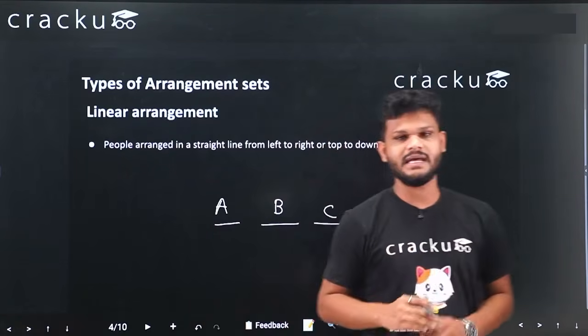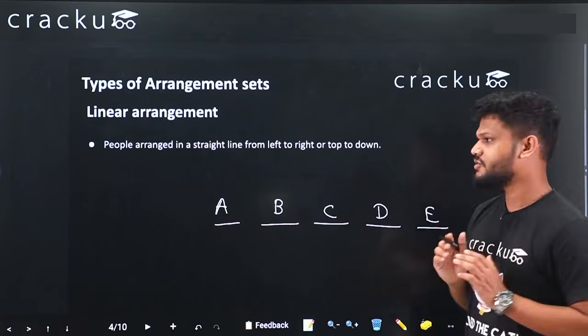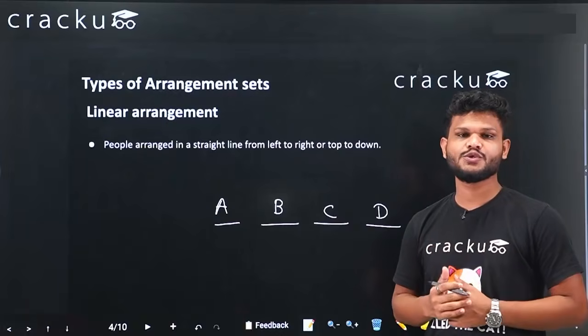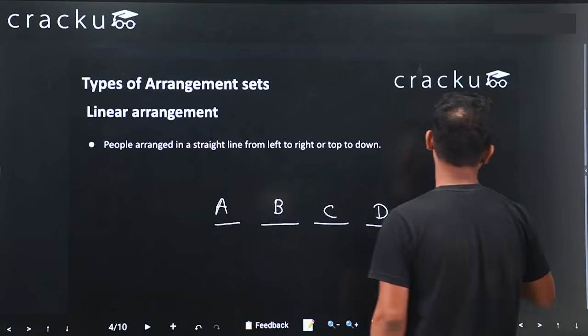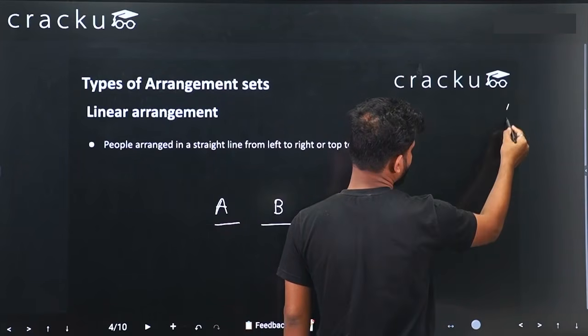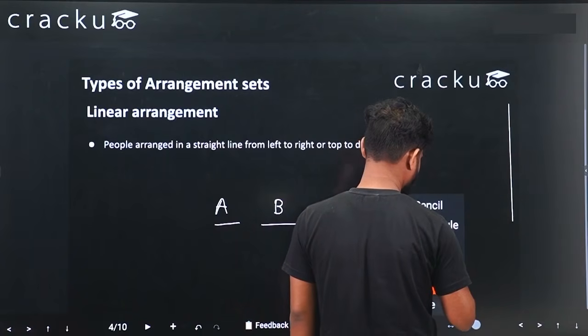So the first and most important thing is where these people are facing. Generally, if it is not mentioned in the question, we assume that all of them are facing the north direction. Now what is the north direction? You should know about the directions first. So let us say we are drawing a compass here.